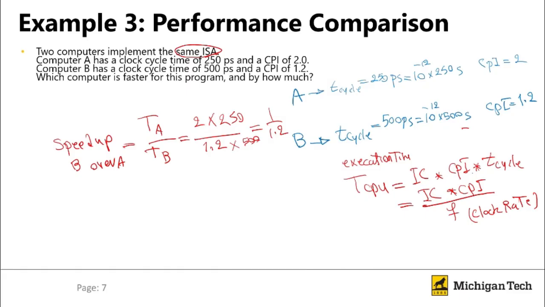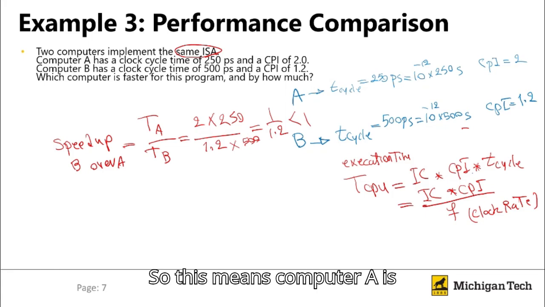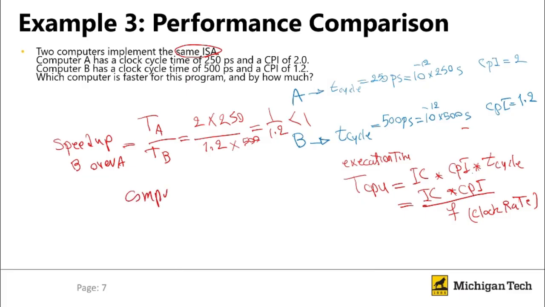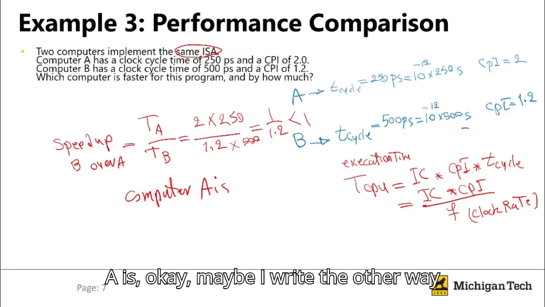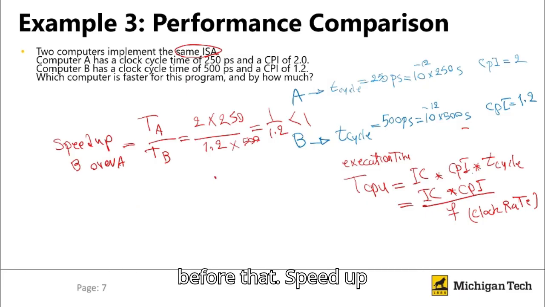Why? Because the speedup of computer B over A is less than 1. So this means computer A is faster. Maybe I write the other way before that.